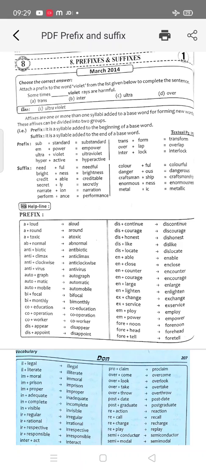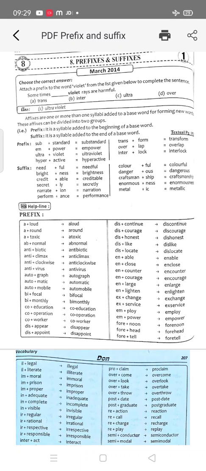Climax, anticlimax. Clockwise, when you add anti, it will become anticlockwise. Virus, antivirus. When you add anti, it will become antivirus. Graph, autograph.